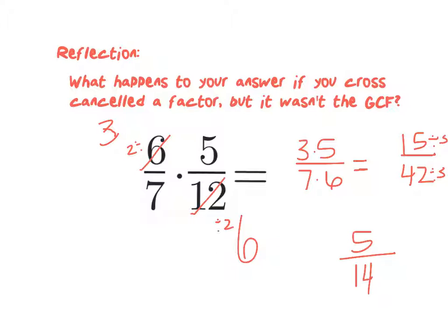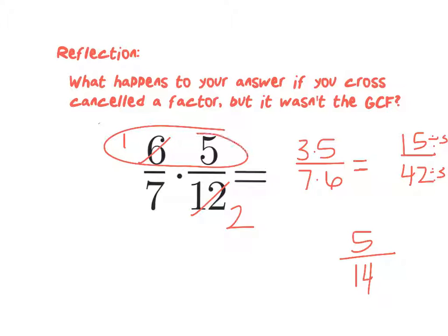Which we would have gotten, and stay with me here, this is kind of confusing, if I would have taken out a 6 instead of a 2, watch. And then I would have had 1 times 5 is 5. 7 times 2 is 14.